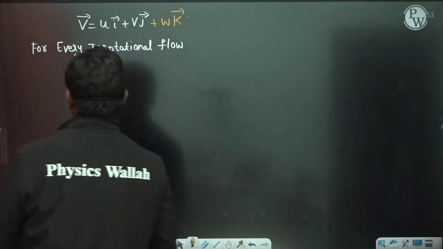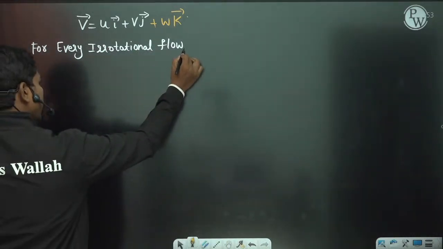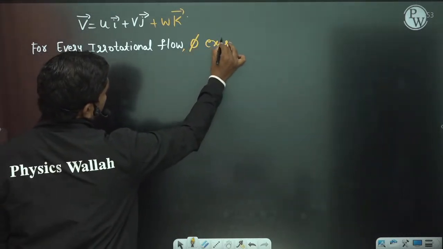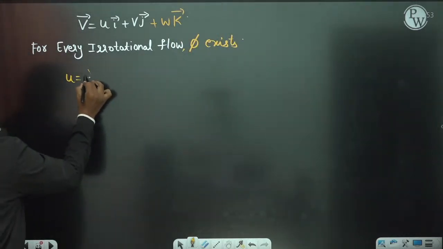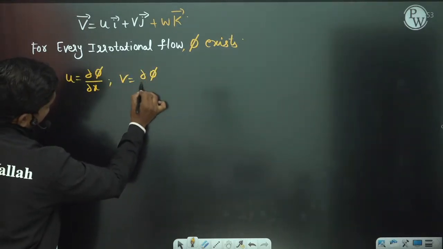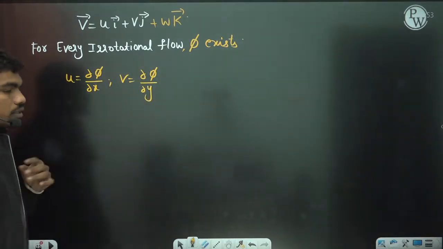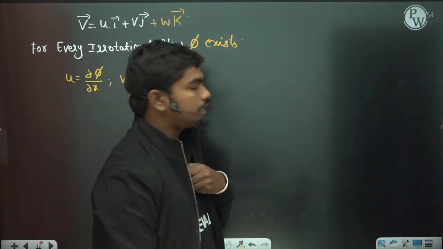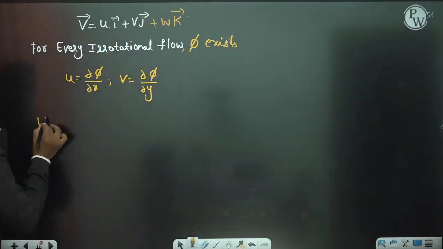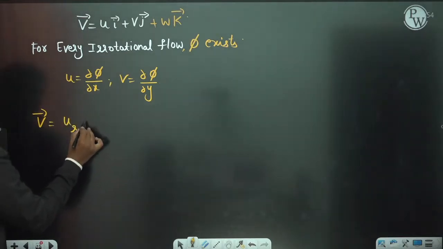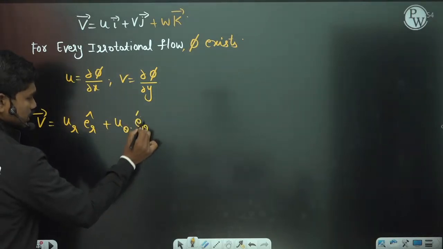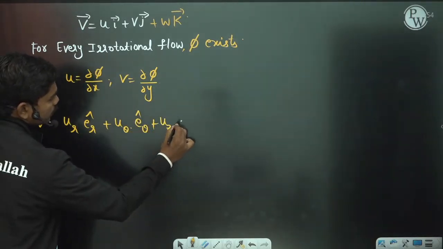Now, normally, for every irrotational flow, we have this potential function phi. Of course, phi exists, and u is equal to ∂φ/∂x, and v is equal to ∂φ/∂y, when phi is in Cartesian coordinates. But if you convert this into polar coordinates, suppose v bar is radial velocity times the unit vector in the radial direction, plus azimuthal velocity times the unit vector in the theta direction, plus uz times ez cap.